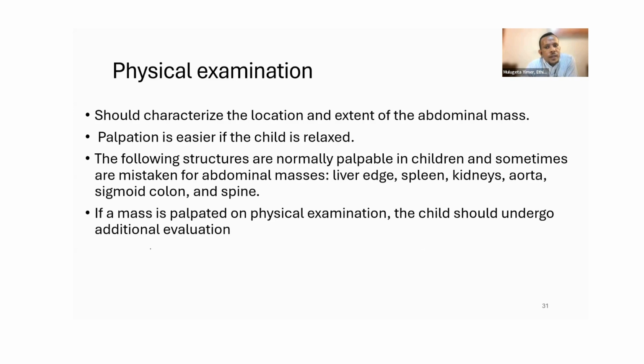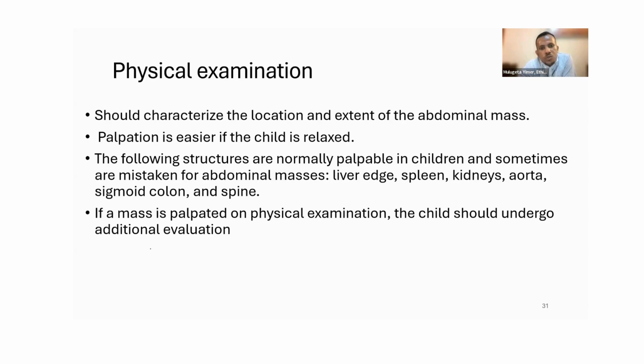So at the end of our physical examination, we need to characterize the location and extent of, for example, a solid, firm, non-mobile, fixed right flank mass of this size longitudinally and this size in its width, and it doesn't cross the midline, or it does cross the midline. You need to put as many characteristics as possible so that will help you to narrow the differential diagnosis at last.